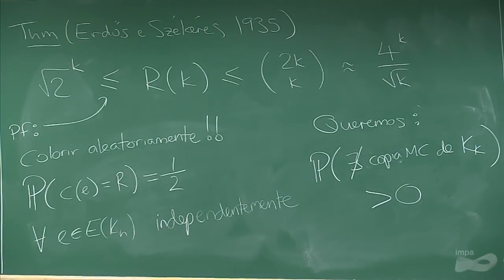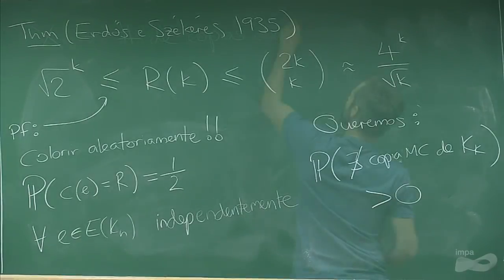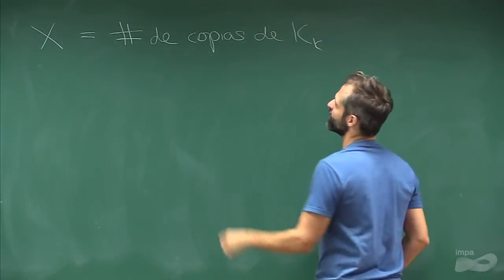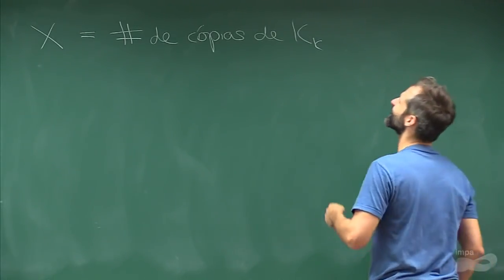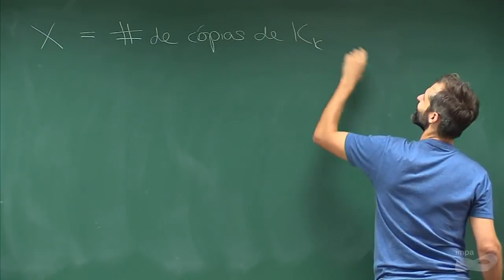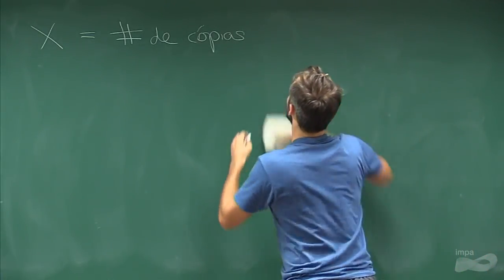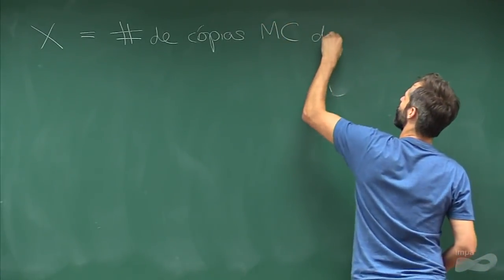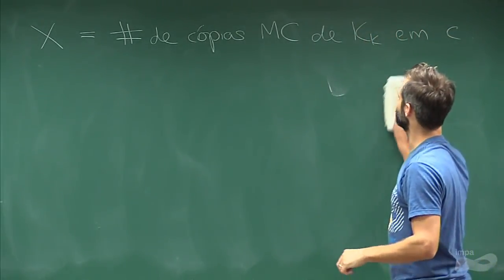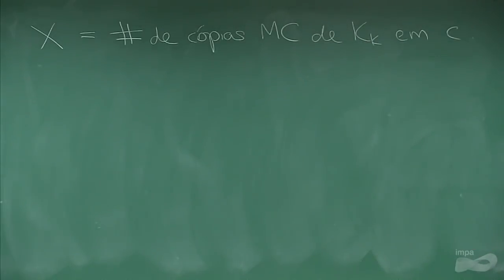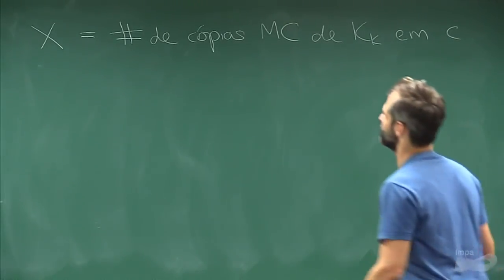The number of monochromatic copies of K_k in C. Okay? This is a random variable, right? It's a number.